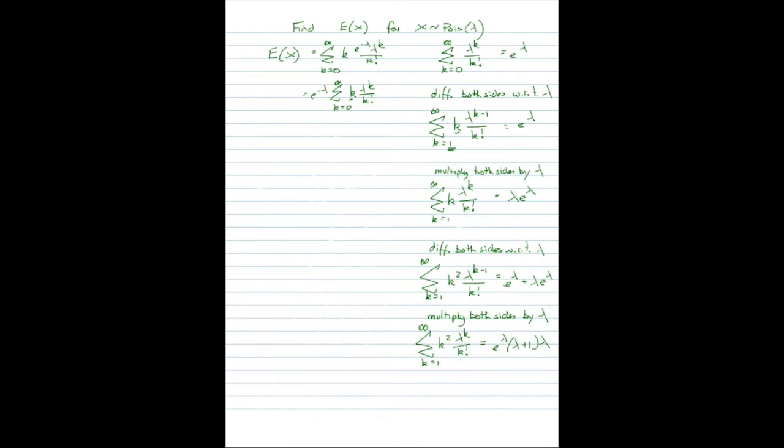And now we should be able to recognise that we have already done the manipulation, and we've found that the sum is lambda e to the lambda. So we have e to the minus lambda, lambda e to the lambda. And that, of course, tells us the expected value of x is lambda.